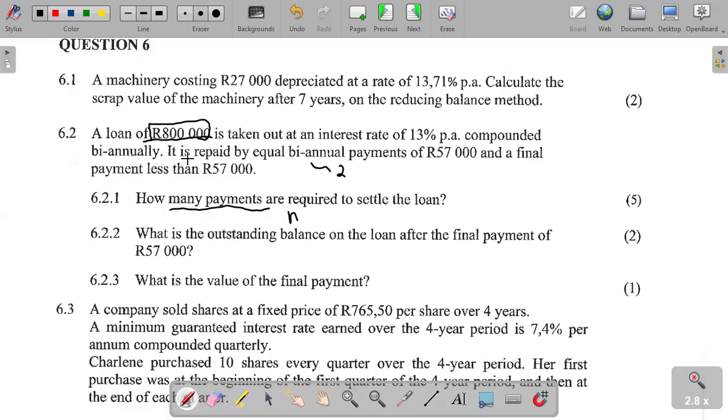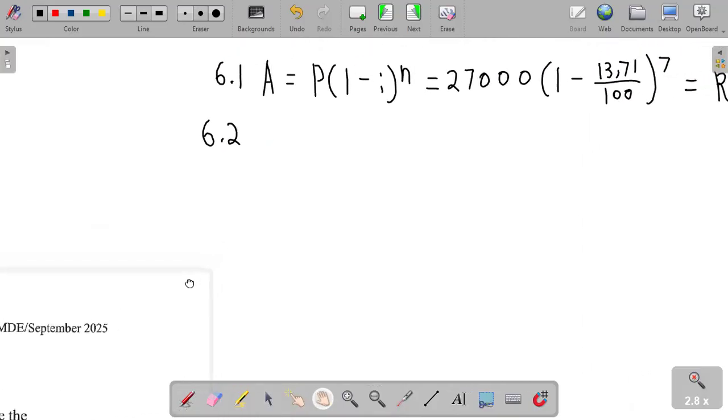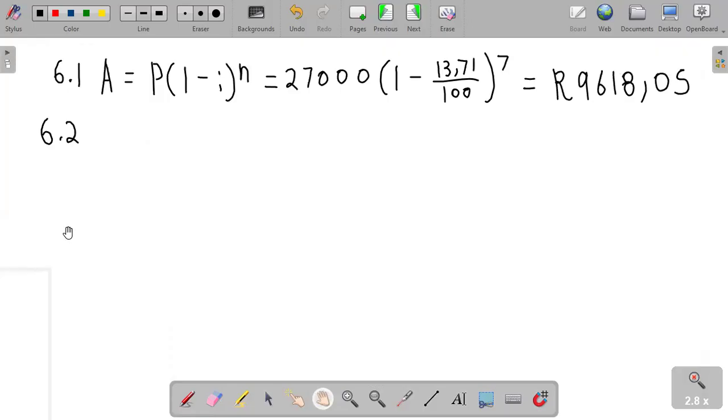See? So we're going to use the equation for the present value here. Okay. The present value equation, what does it say?